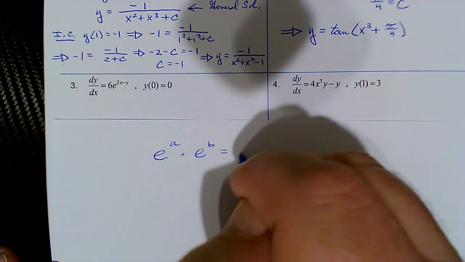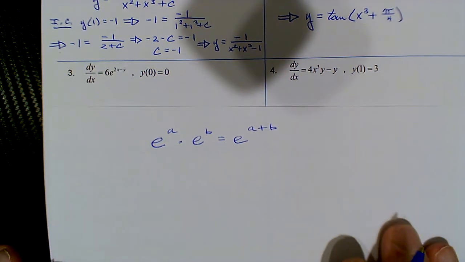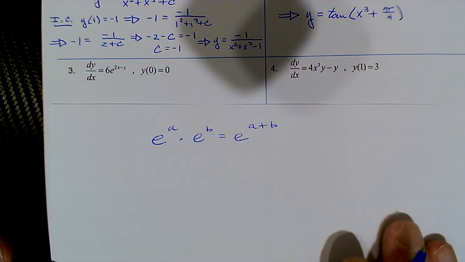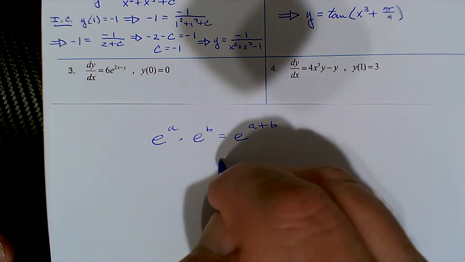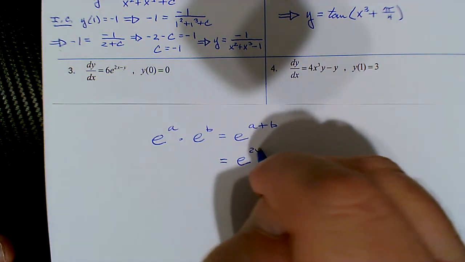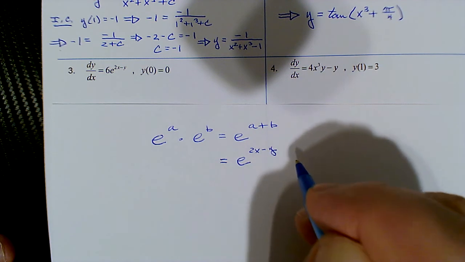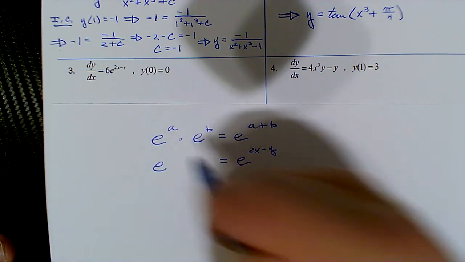Dividing by e to the negative y, we get dy over e to the negative y equals 6 e to the 2x. And then to set this up so it's integrable, let's move this e to the negative y to the numerator as e to the positive y. And I'll throw the integral symbol in front of both sides at that point.